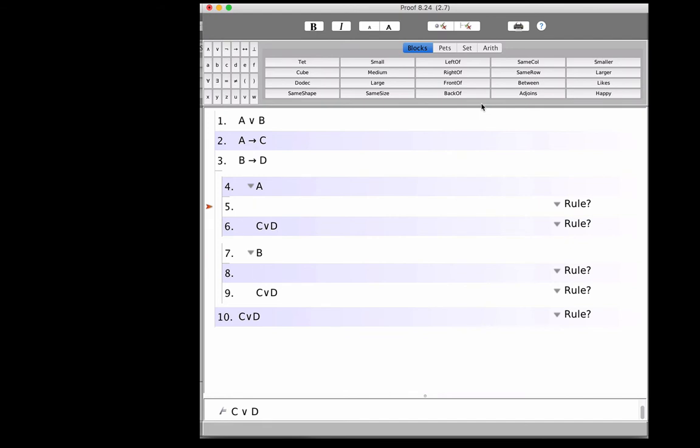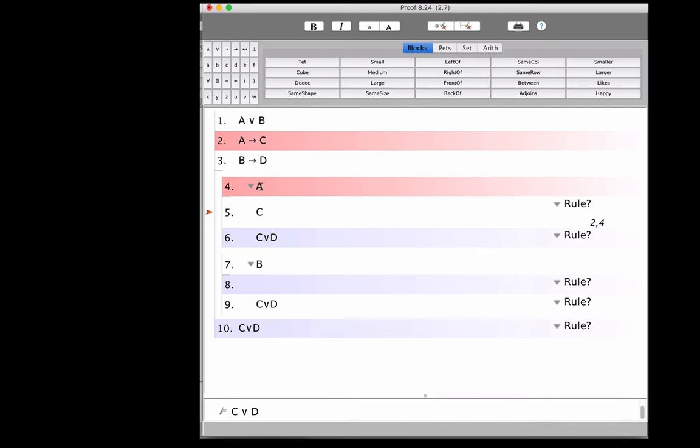Now, once you have the assumption at line 4, take a look at line 2. Take a look at lines 2 and 4 and look at your conditional elimination rule. 2 and 4 give you 5.